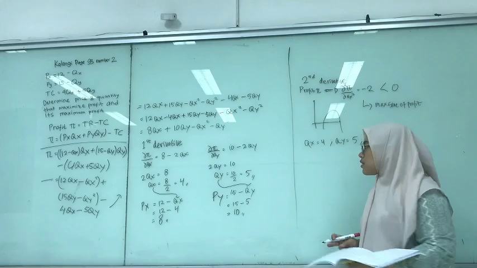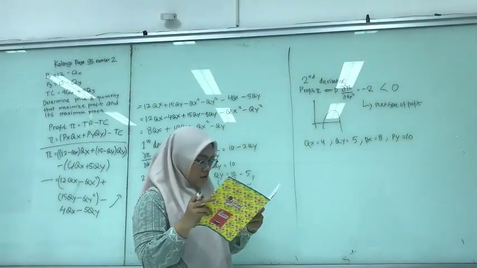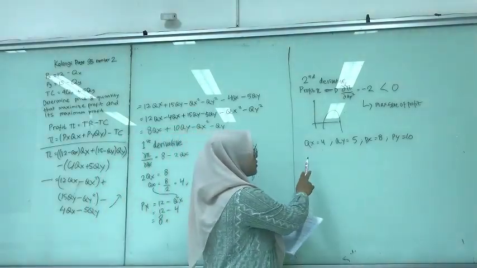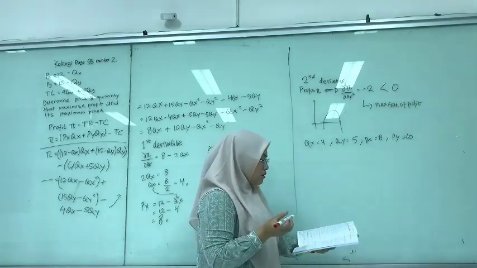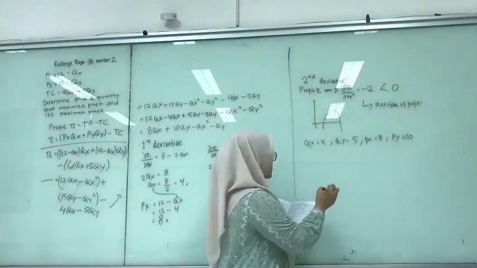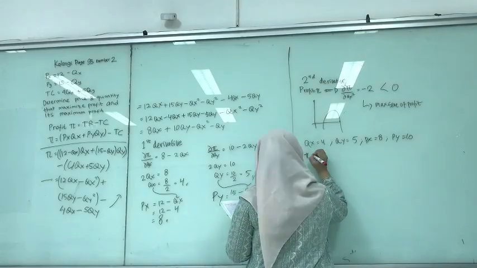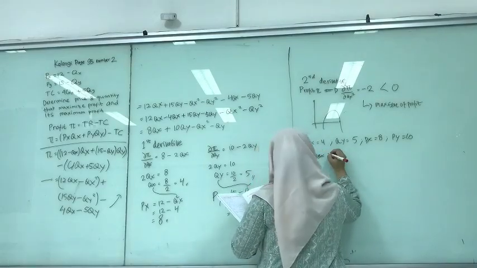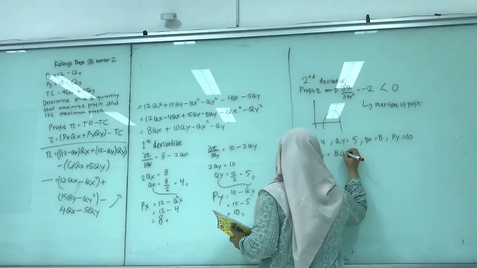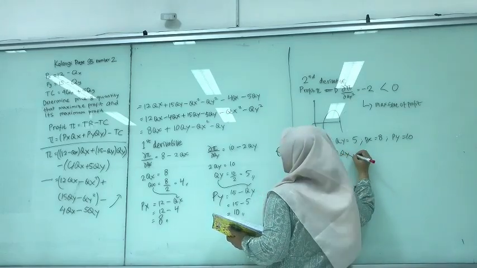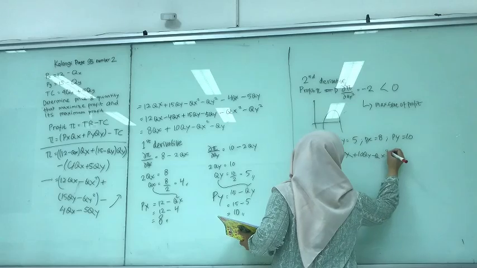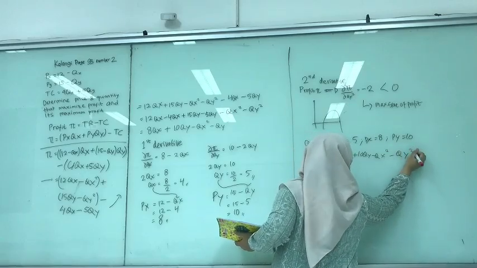For the profit max, substitute into the function of profit: plus 10Qy minus Qx squared minus Qy squared.